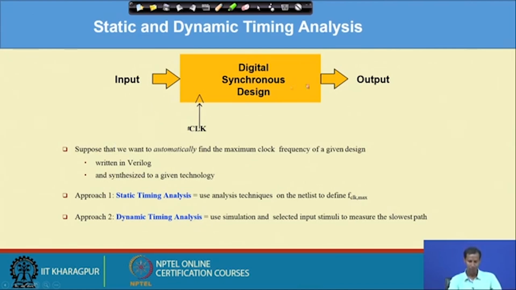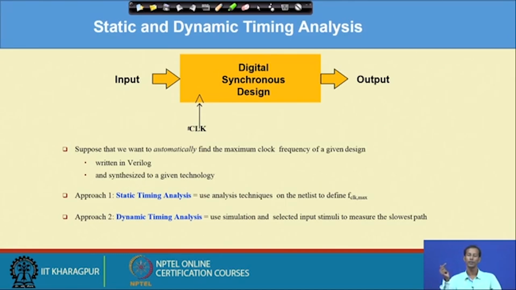How much time that particular path takes, 1 by that time is basically the maximum achievable frequency.